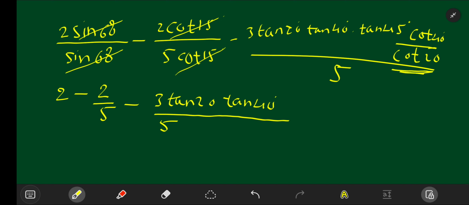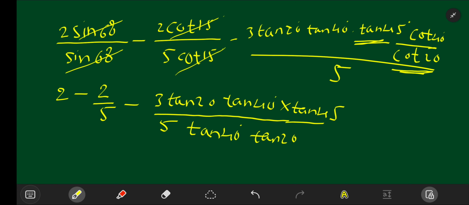When it comes to the denominator, reciprocal of cot is tan. So it becomes tan 40 degrees, tan 20 degrees. In the numerator, we are left with tan 45 degrees.